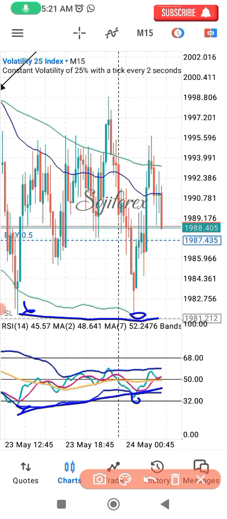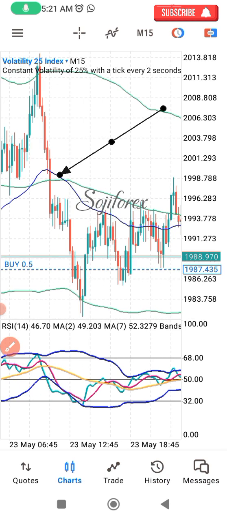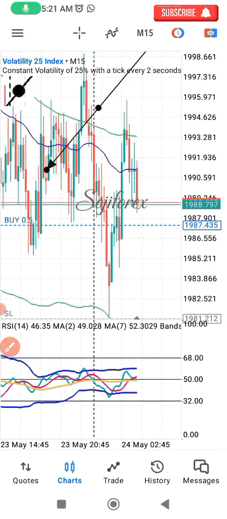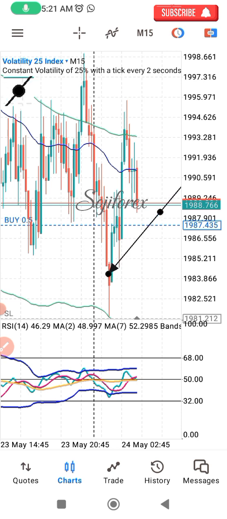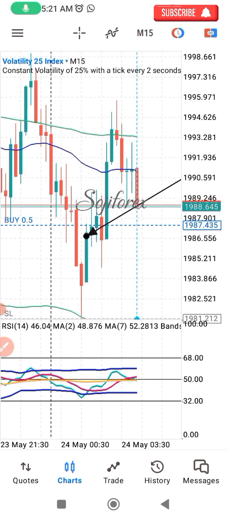Okay, and I made this entry after this hammer that pulls to the upside. After this particular hammer candle, I wait for a follow-up of this particular candle.